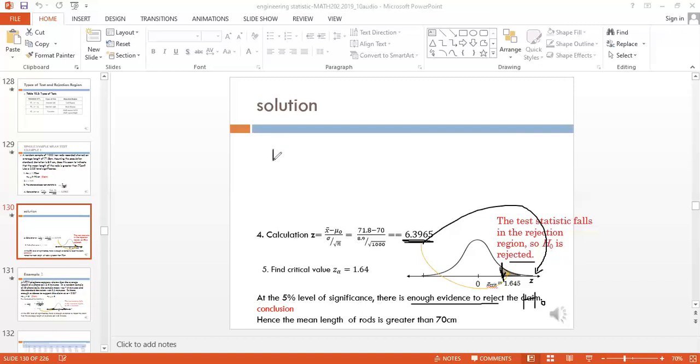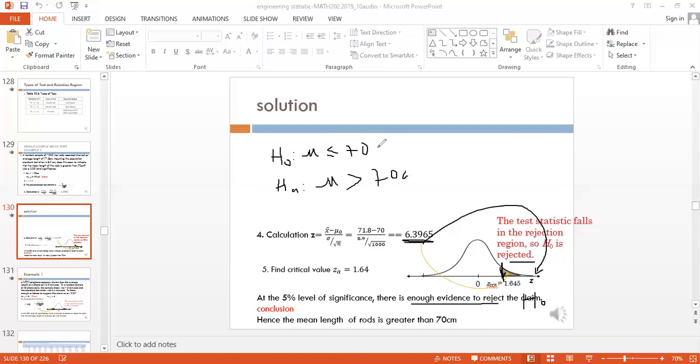And if we are rejecting the null claim, then what are we saying? Our hypotheses were such. We said H null was what? Mu is less than or equal to 70 centimeters. And then HA, which is the alternate hypothesis, was what? Mu was greater than what? 70 what? Centimeters. Good.